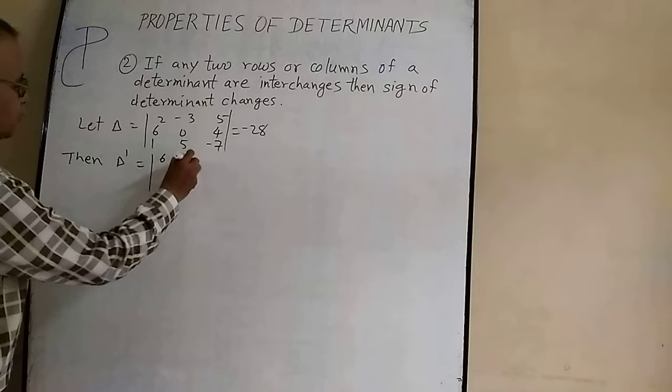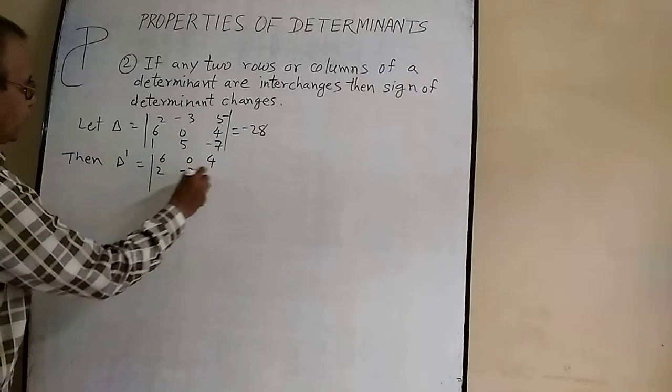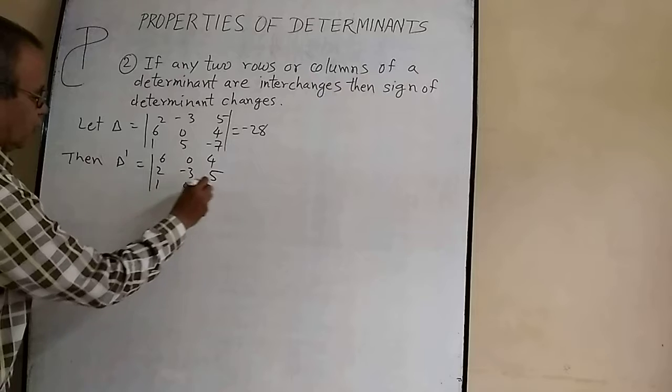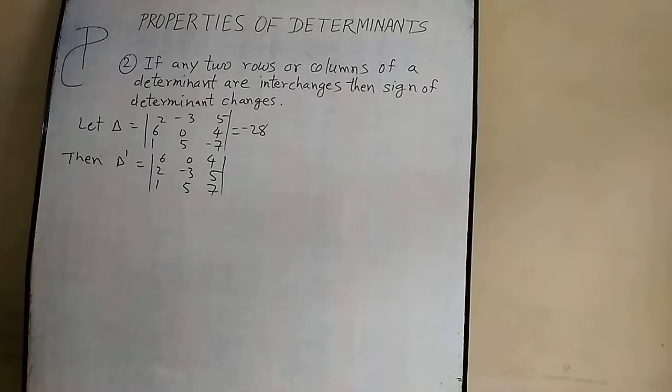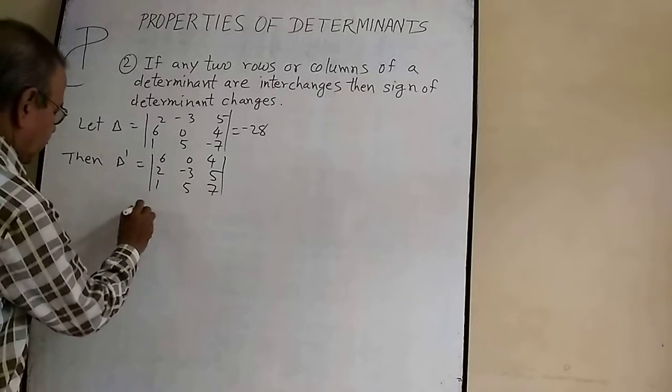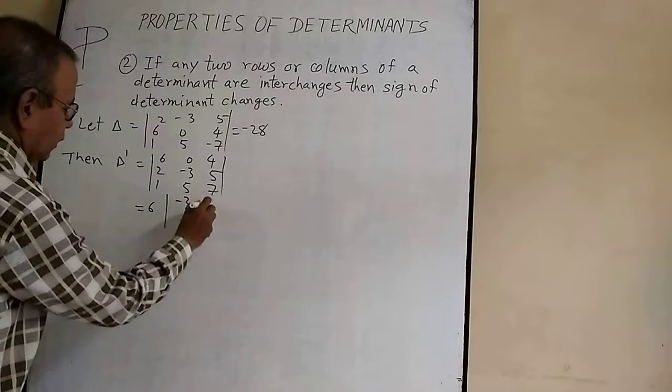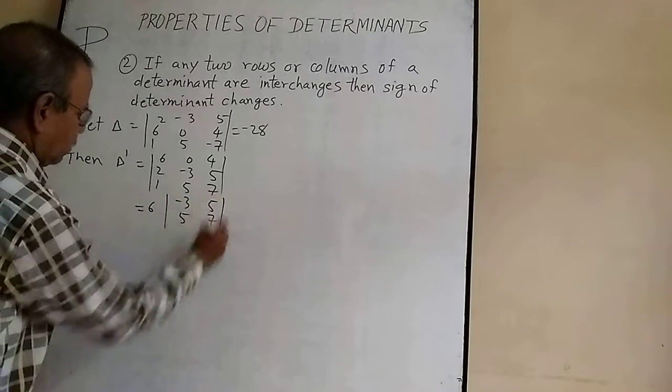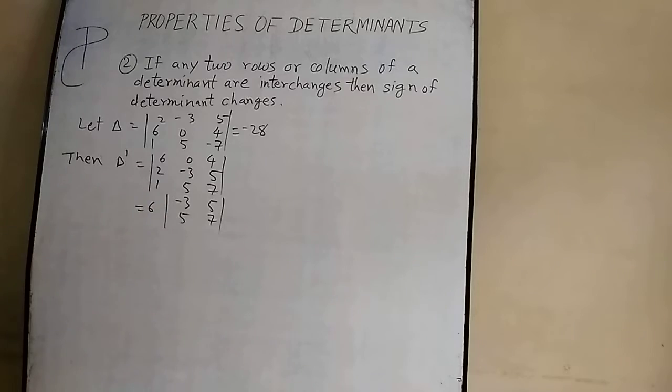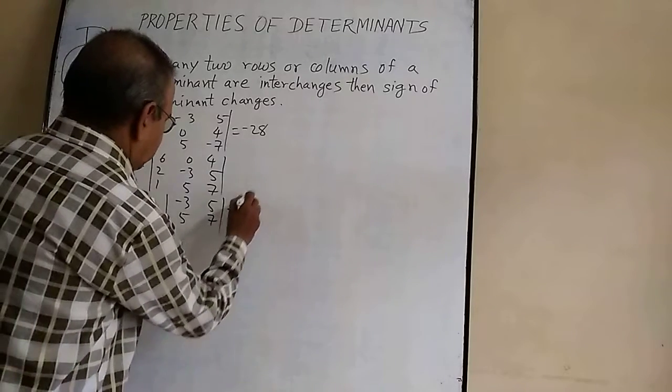is equal to 6, 0, 4, 2, minus 3, 5, 1, 5, minus 7. And this is written as 6 into minus 3, 5 and 5, minus 7, minus 0.